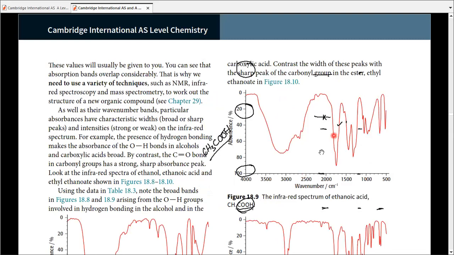So let's move on and let's clear it up a little bit. So take a look. Between 2500 and 3000, almost at 3000, you get a big broad peak for that OH, proving that it can be either a carboxylic acid or an alcohol.